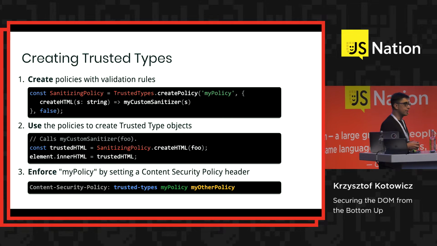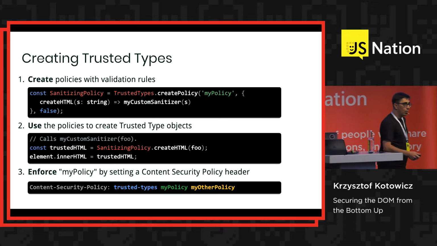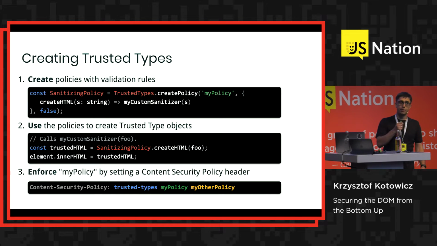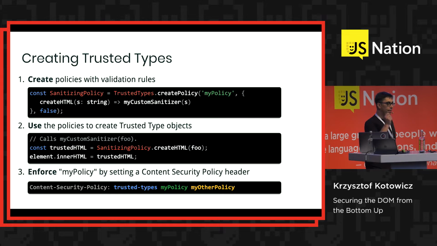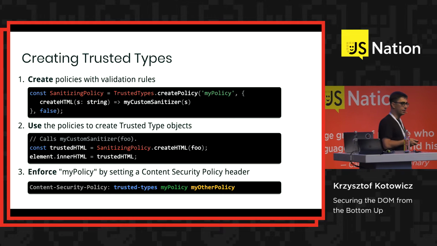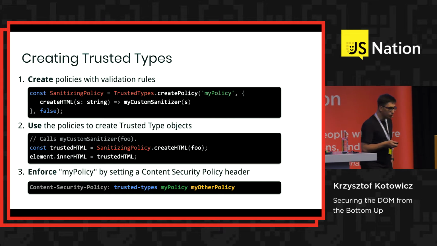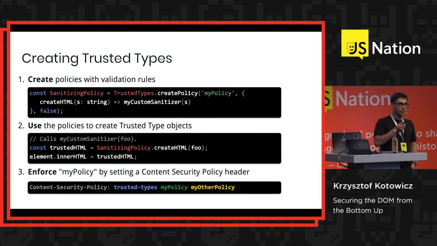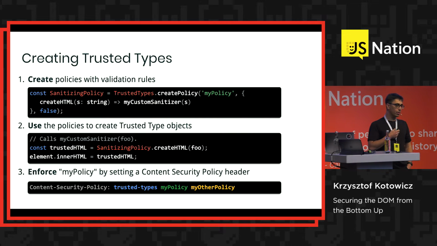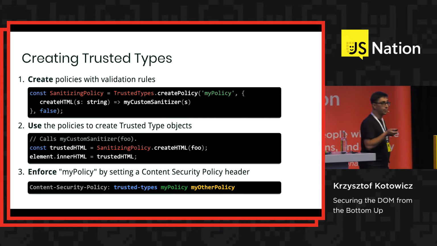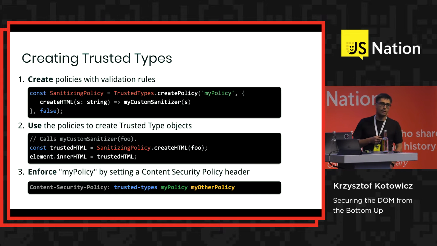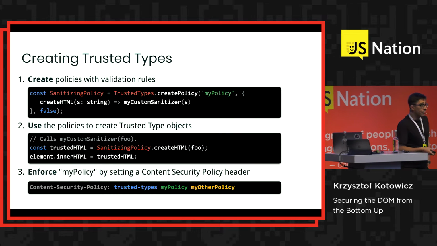Now, how do you create trusted types? We created those intermediate objects that give us very interesting benefits. These are called trusted type policies. So in order to use policies, you first have to create them, right? So there's a trusted types property on a window, and you call its create policy function. You give every policy a name. In this particular case, it's my policy. And then you specify rules.